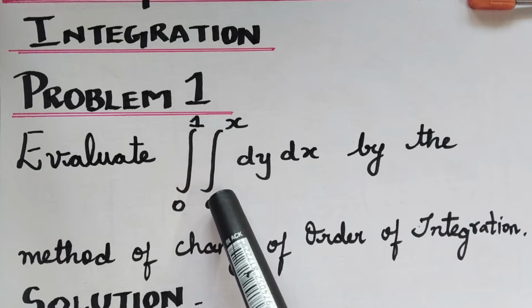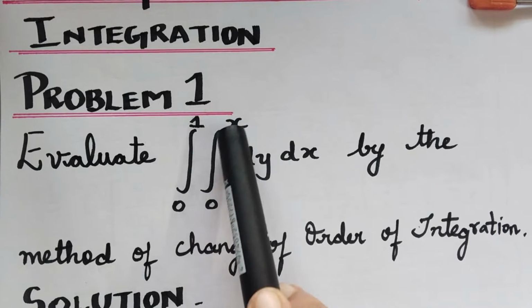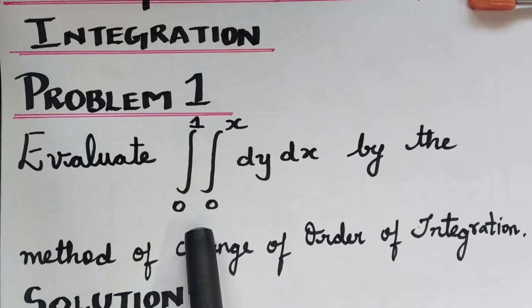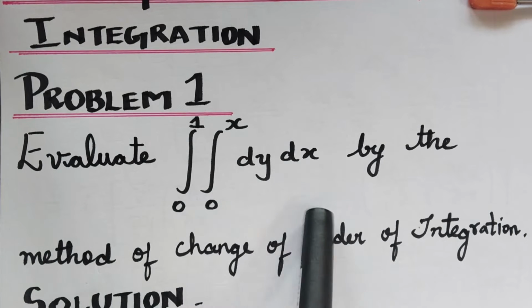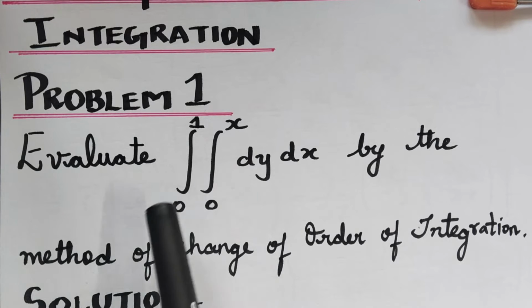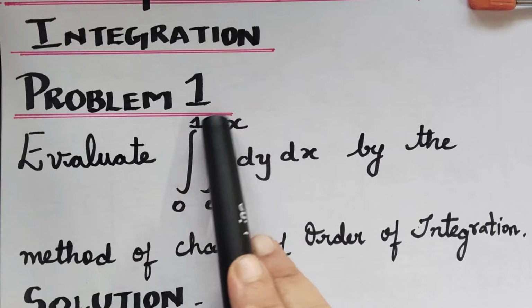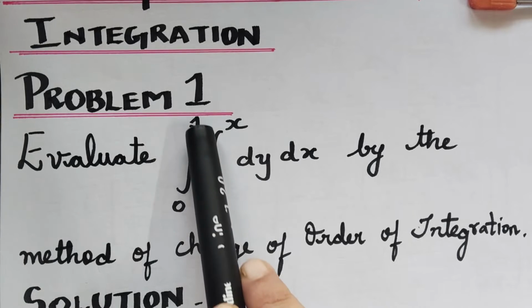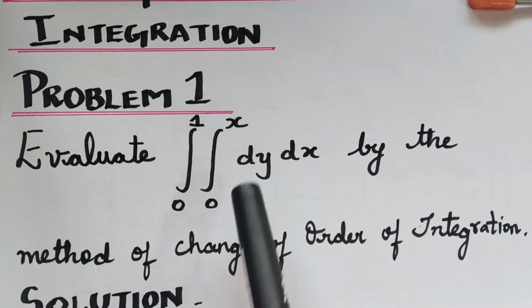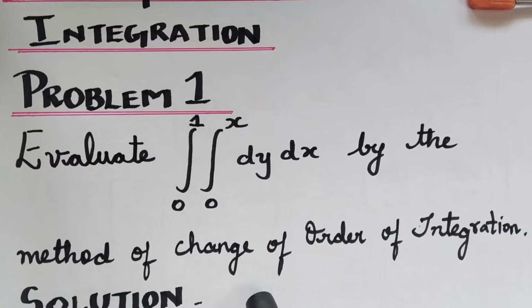Whenever you have limits which are dependent on x, the first integral will be with respect to y. So the order of integration will be first with respect to y and then with respect to x. That is, first we integrate with respect to dy and then with respect to dx.